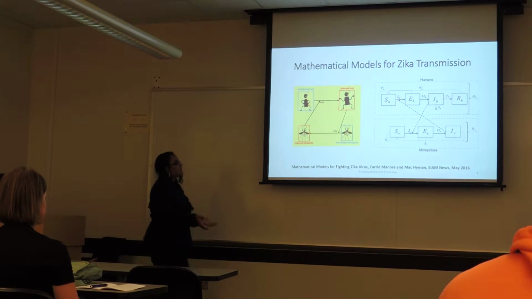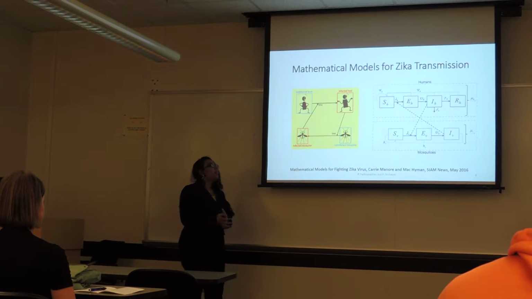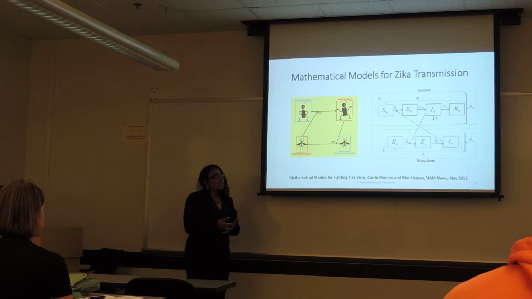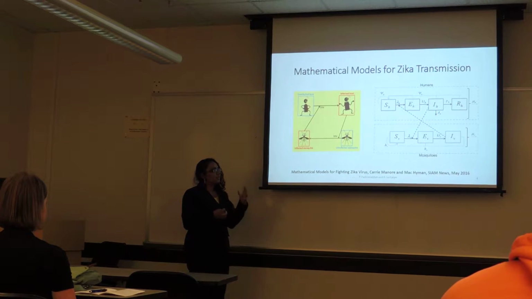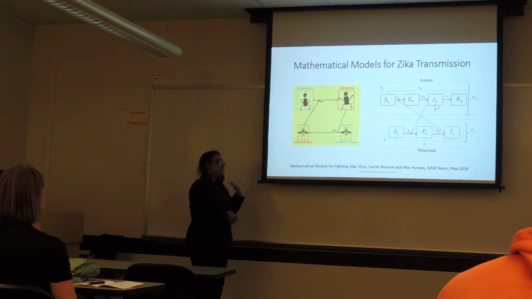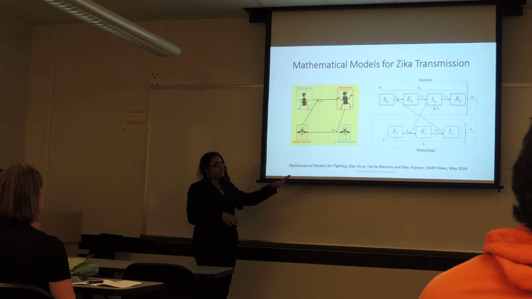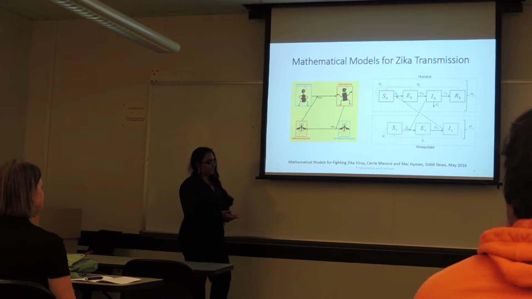When we talk about Zika, we know that Zika is a vector-borne disease. So we start with our uninfected mosquito, which is our vector. Once the uninfected mosquito bites an infected host, the virus starts to replicate in its body. Now the virus goes through this incubation period, which we represent by the exposed phase on the bottom compartmental model, which is representing the mosquitoes.